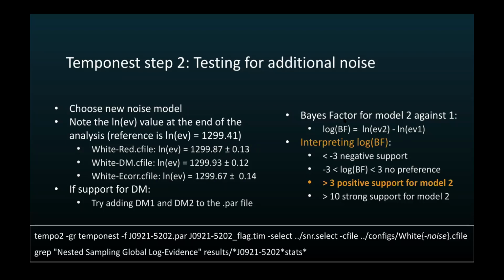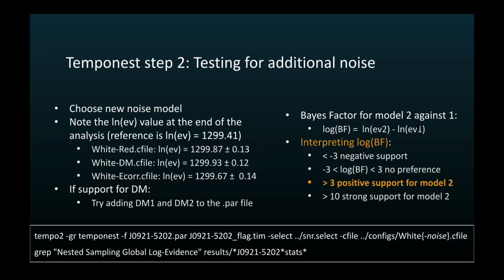And that is your log Bayes factor. Okay, so how do we interpret that? If this log Bayes factor is model 2 versus model 1, so in this case, model 2 is red noise, model 1 is white noise only. If this is less than -3, then there's negative support for model 2.